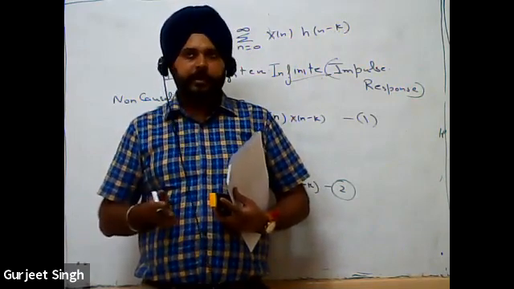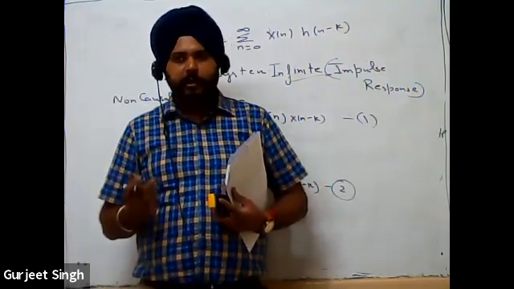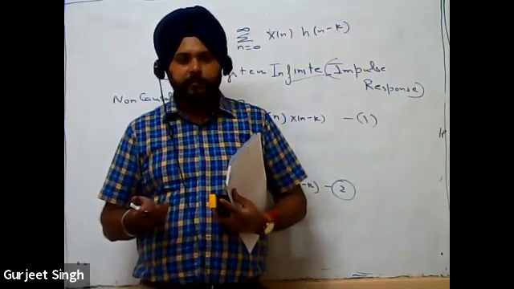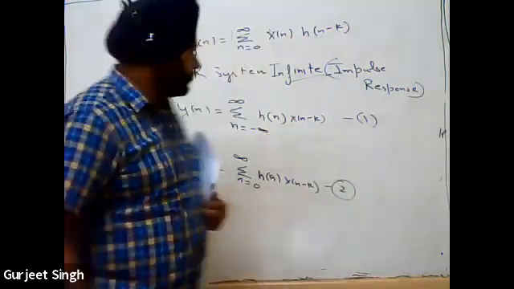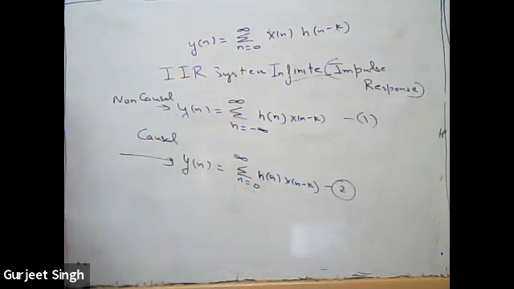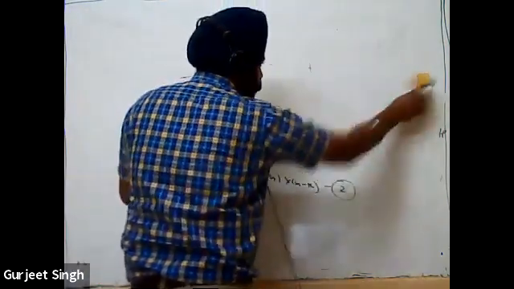Similarly, in the infinite impulse response system we have two categories: the non-causal infinite impulse response system and the causal infinite impulse response system.